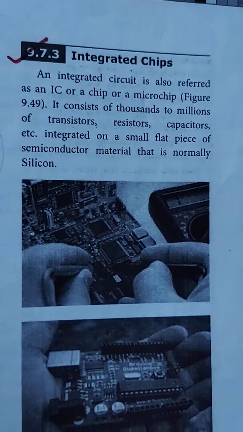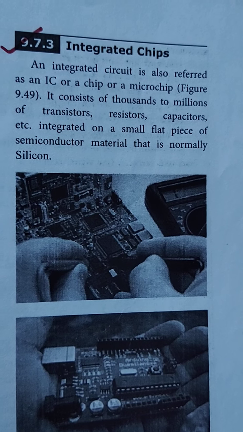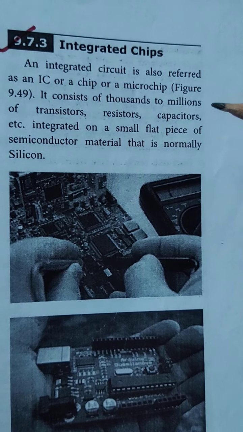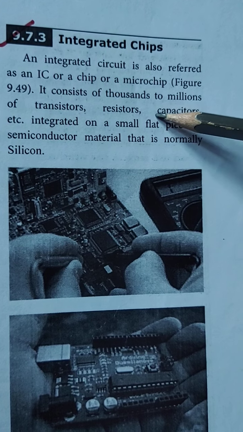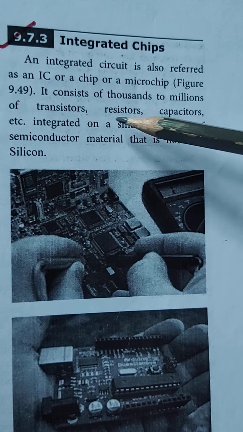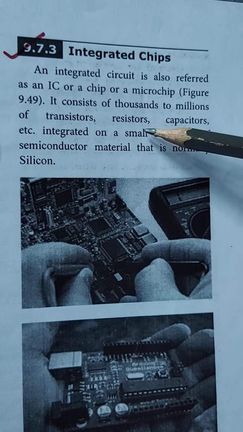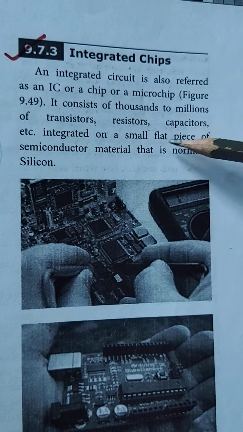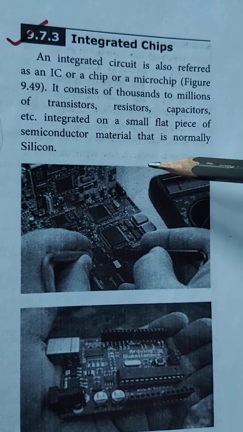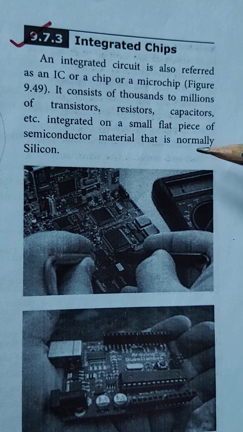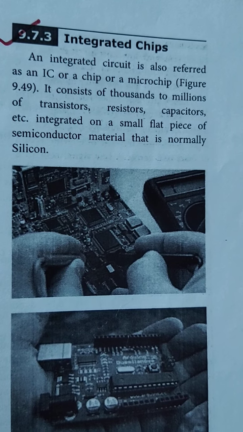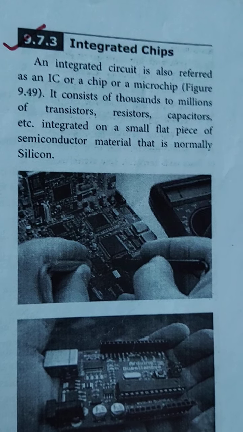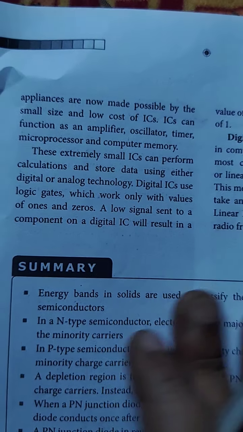Okay. The next topic is integrated chips, which means IC. It consists of thousands to millions of transistors, resistors, capacitors, etc. integrated on a small flat piece of semiconductor material, normally silicon.